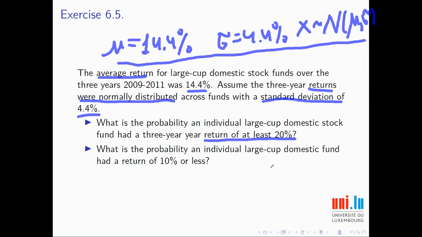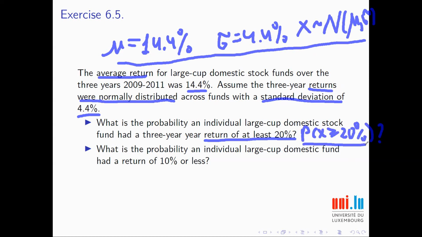So what's the probability that return in our case is at least 20%? It means what's the probability that our X is more or equal to 20%. So which is the first question.